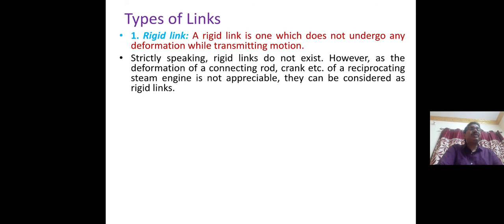That deformation is negligible, so it can be considered a rigid link. Examples are the connecting rod, crank, and piston. Generally these are not deformed, but slight deformation takes place, and they can still be considered rigid links.